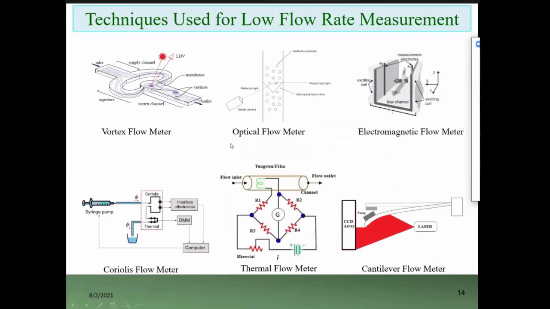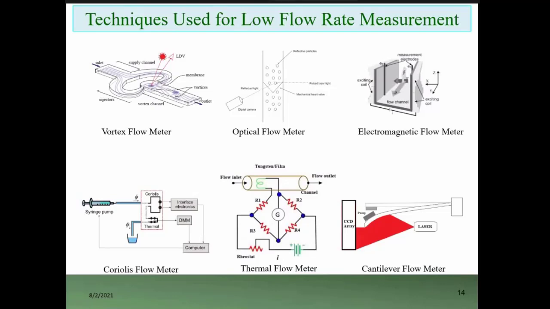In the case of the optical flow meter, the flow rate can be measured using different optical phenomena of the fluid that is passing through the channel. In the electromagnetic flow meter, the electromagnetic phenomena of the fluid can be utilized to measure the flow rate of the fluid. Now, coming to the Coriolis flow meter, the flow rate of the fluid can be measured from the angular deflection of two parallel connected flow channels.